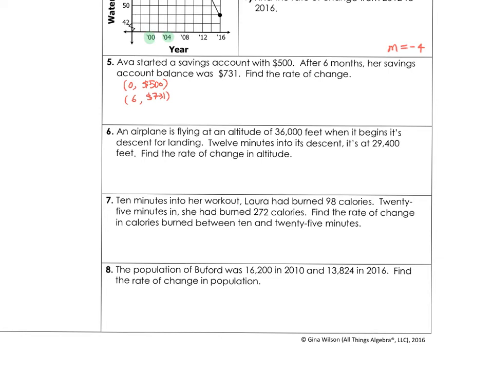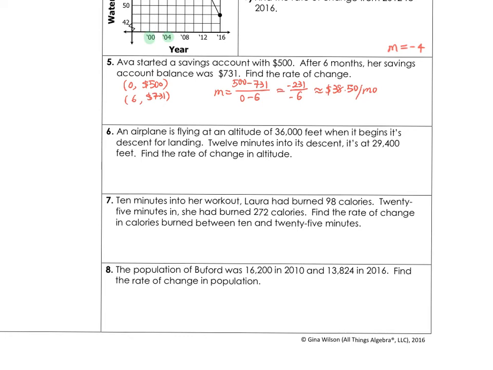That's a good deal. So the rate of change is 500 minus 731 over 0 minus 6. So you would have negative 6 at the bottom, negative 231 on top. So it's approximately $38.50 per month. Okay?